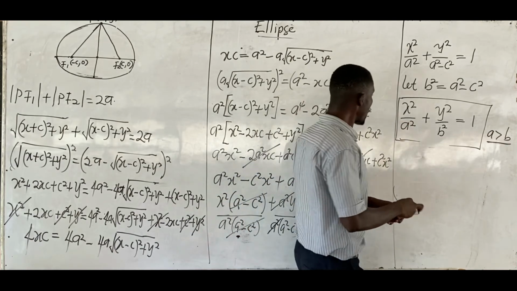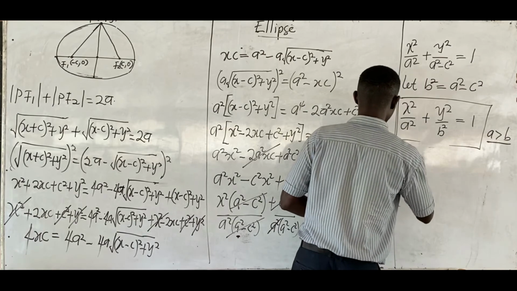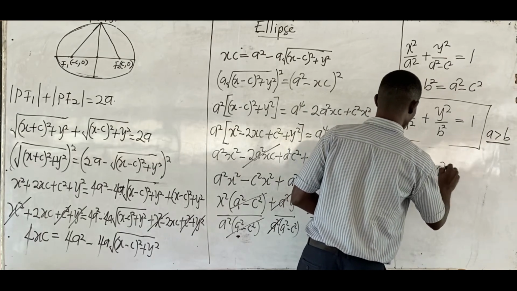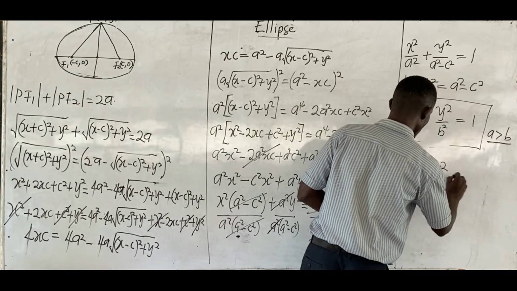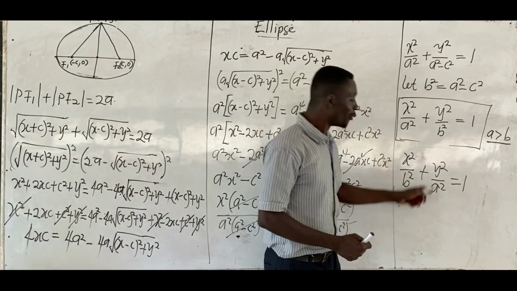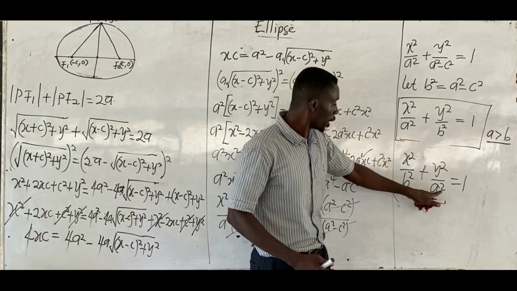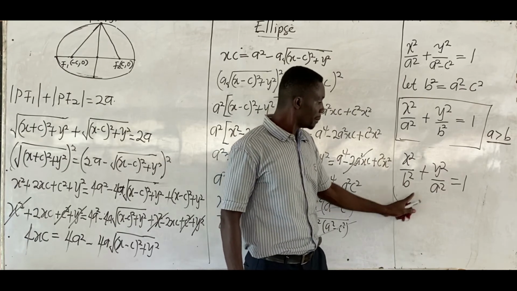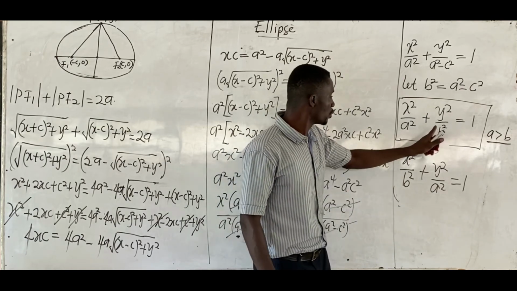But in the situation where you have x squared over b squared plus y squared over a squared equal to 1, the foci will be on the y-axis, because the value here is greater than the value here.